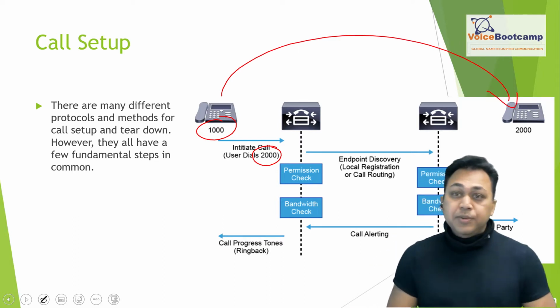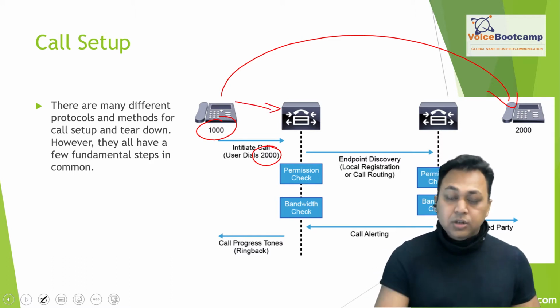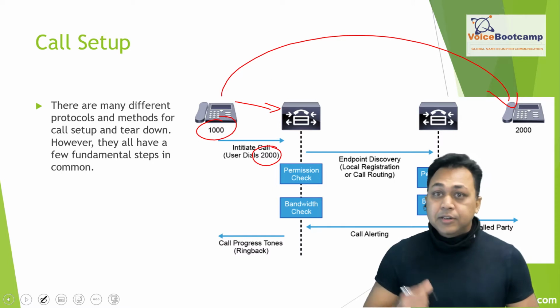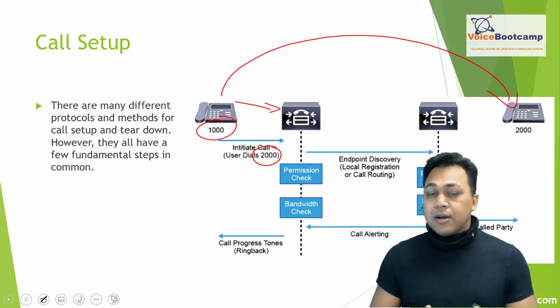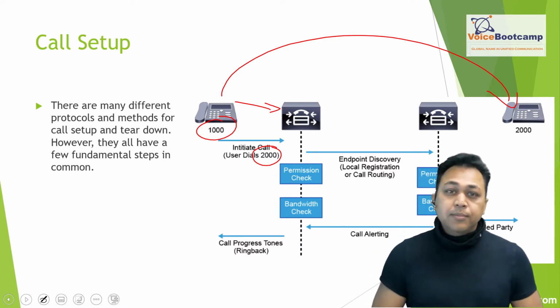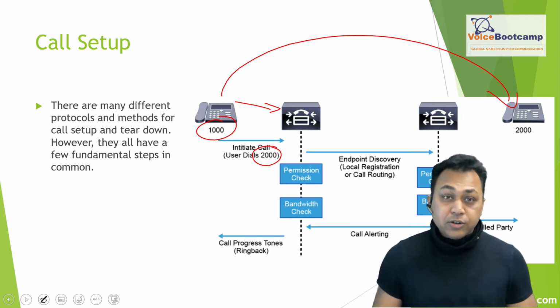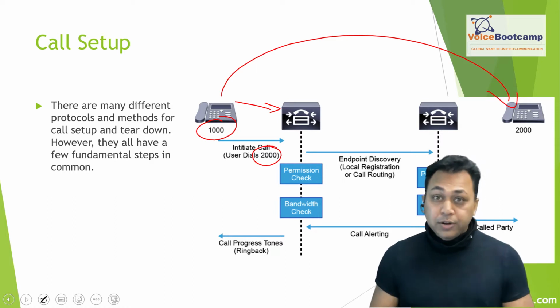These digits will be sent to the call control agent, in this case this call manager, one at a time, depending on the type of phone that you're using. We will talk about this numbering concept later in the course, but right now understand that the digits will be sent to the call control agent, CUCM, which could be a voice-enabled router or a CUCM server.